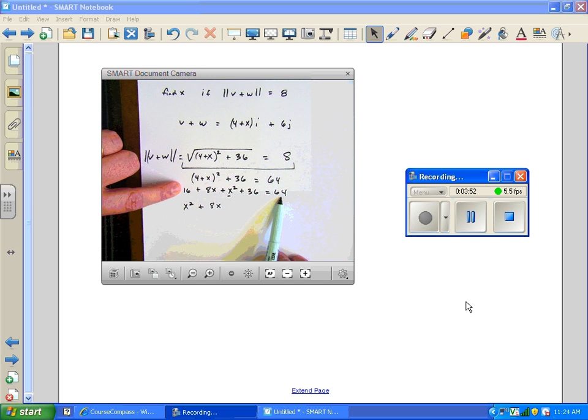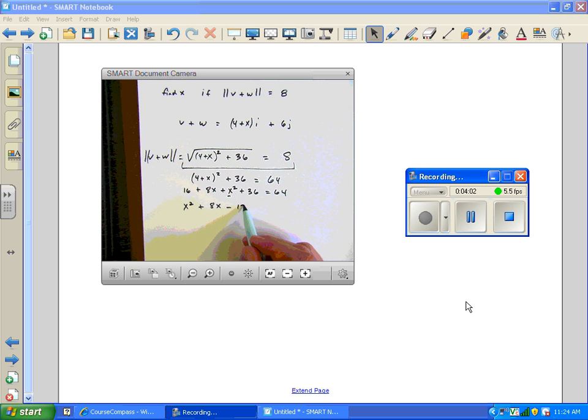So help me out, what would be 52 minus 64? Negative 12. Equals 0. Now, chances are it's probably not going to factor. Factors of 12 that subtract to be 8? No. So what are our options then?